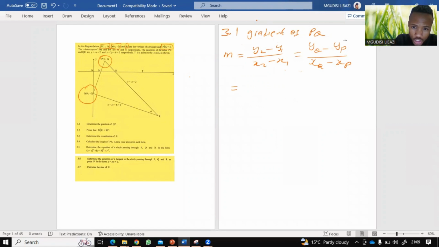We are given the coordinates of P, which is (1, 1), and the coordinates of Q, which is (0, -2).